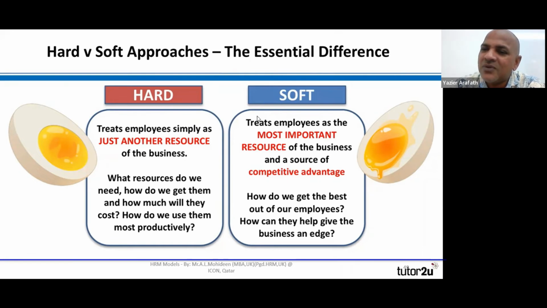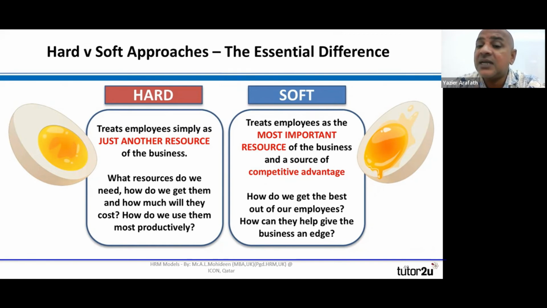Employees are given more focus here. Here, they are taking employees as one of the resources and treat them accordingly. So they are not caring much about the employees' well-being. They need things to be done in order to achieve organizational goals. But in the soft approach, employees are considered much.